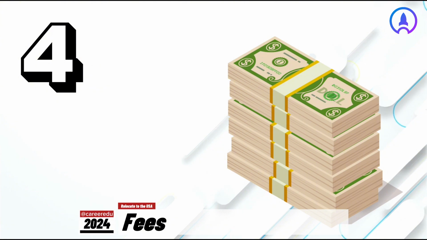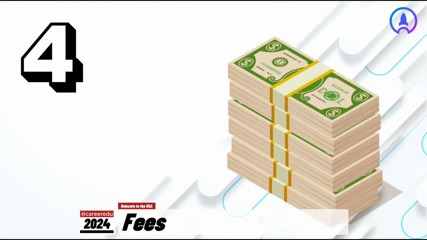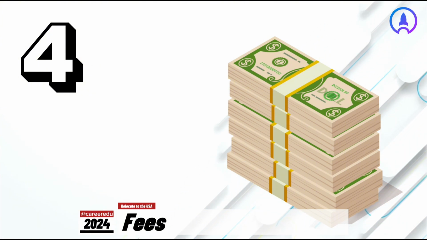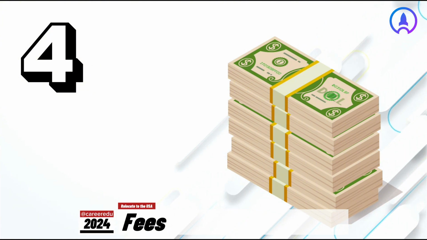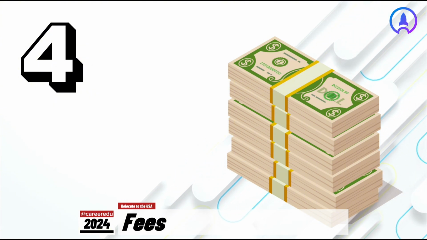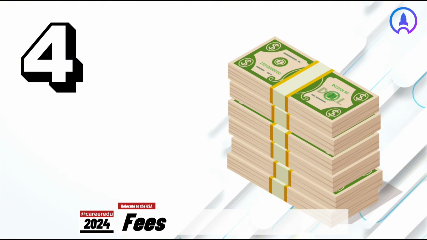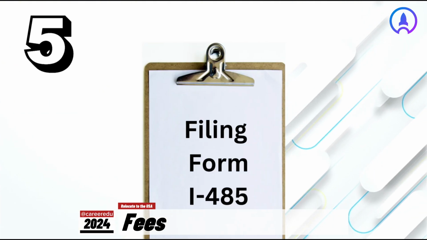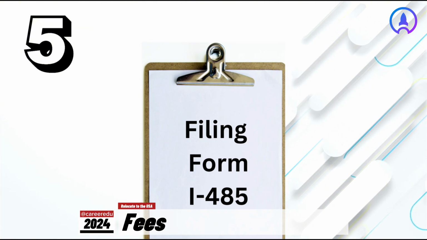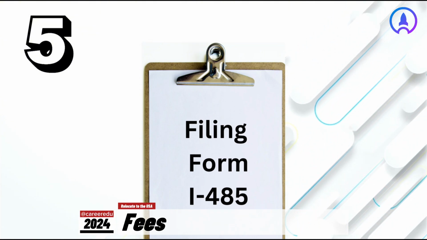Other costs may include translation and photocopying charges, fees for getting the documents required for the visa application, such as passport, police certificates, birth certificates, among others, and travel expenses to the U.S. Embassy or consulate for an interview. Costs vary from country to country and case to case. 5. Filing Form I-485, application to register permanent residence or to adjust status. The link to the exact fees is attached to the YouTube video description.